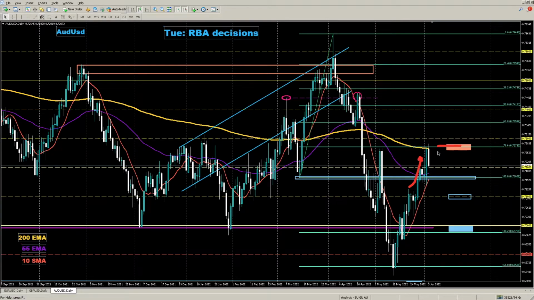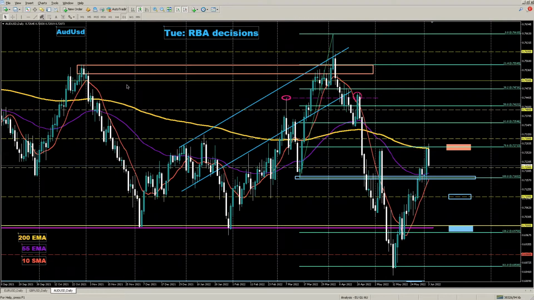We'll see if it's able to break through and target the next round figure at the 7300, and whether this support level will hold along with the daily 55 EMA. It has broken through this week.